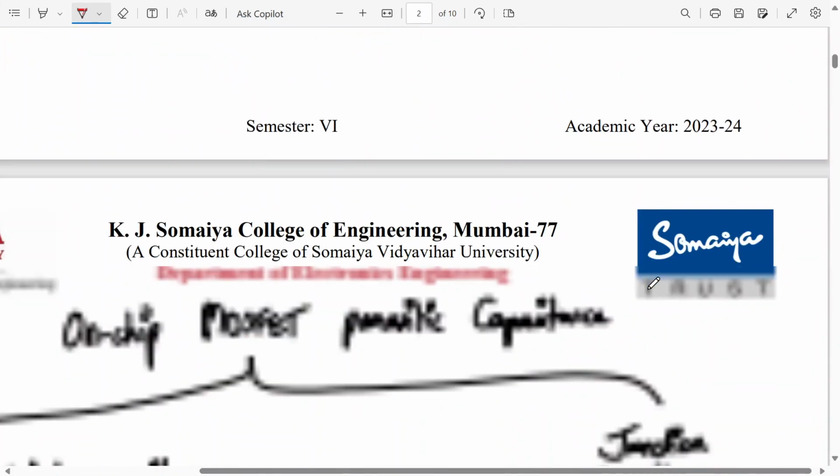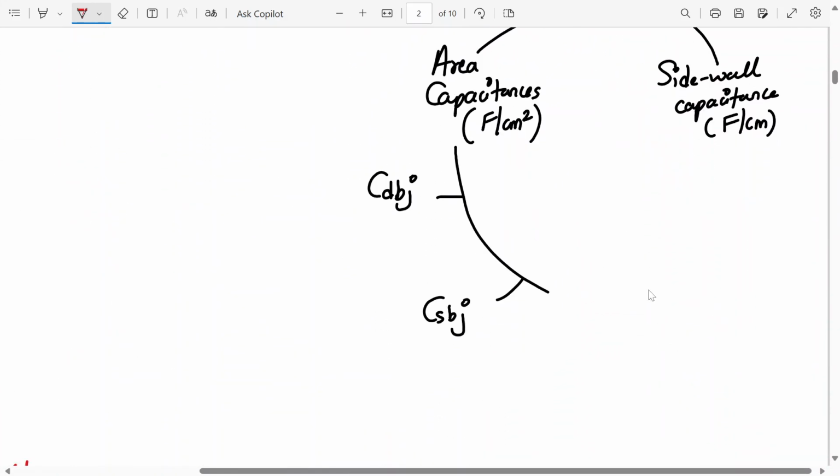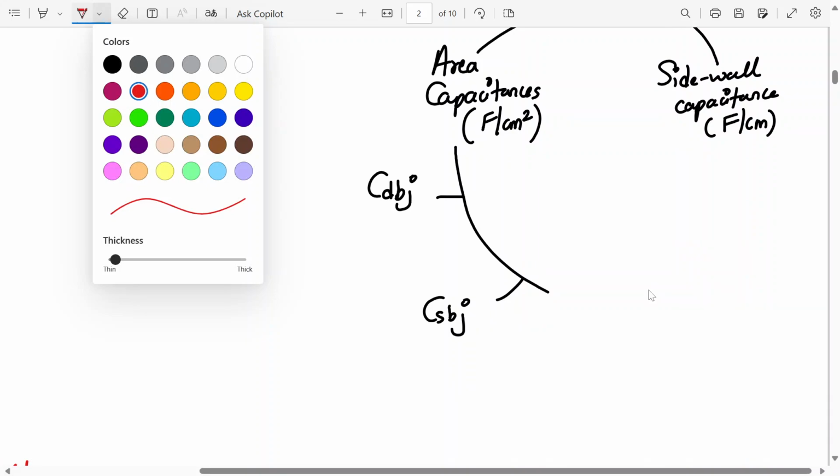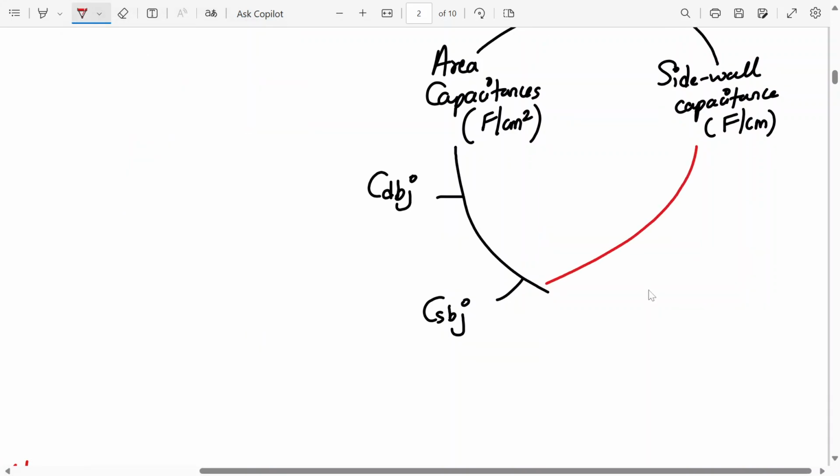Let me add it over here. So you have two more over here, which are CSWSJ, source to substrate sidewall capacitance, and here it is CSWDJ, which is drain to substrate sidewall capacitance.